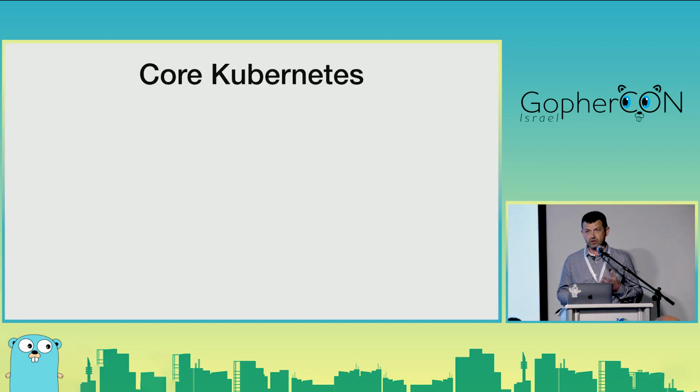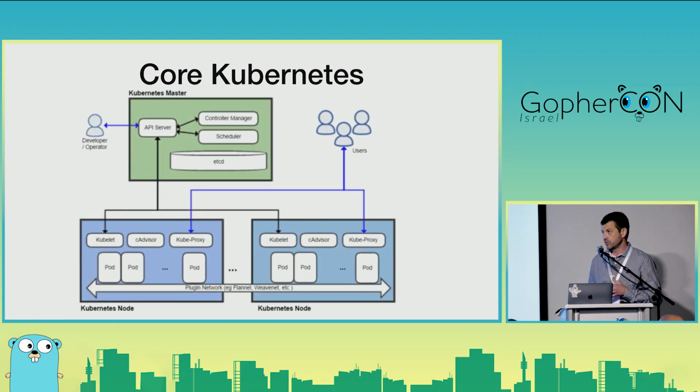Let's take a look at the Kubernetes topology. What are the main machines or nodes that Kubernetes is running on? We have a Kubernetes master and worker nodes. The master, and usually you can have more than one master, runs the API server, the way you talk with Kubernetes when you would like to control it and deploy your application.